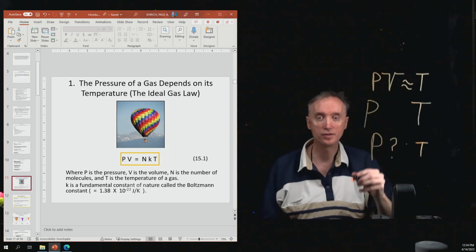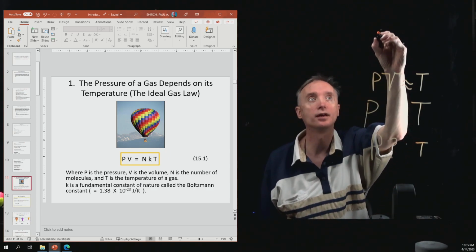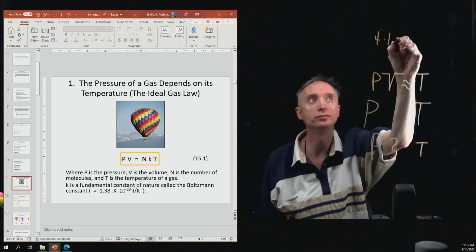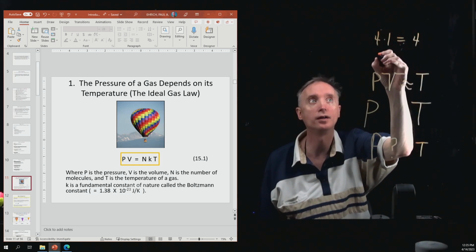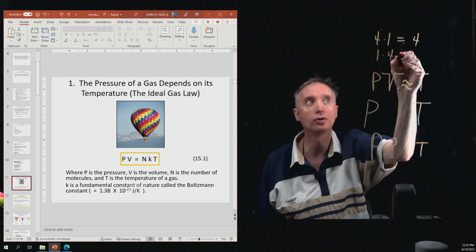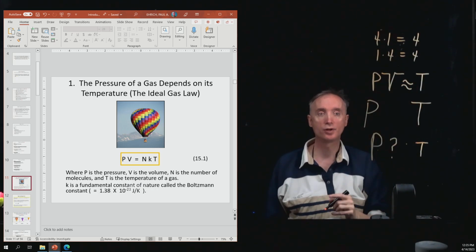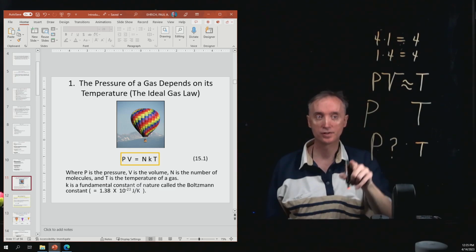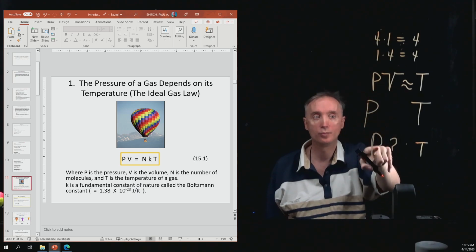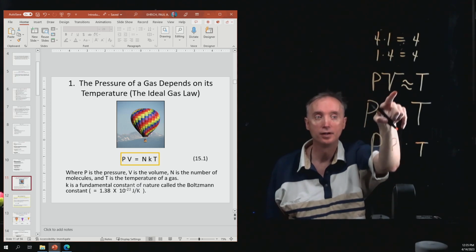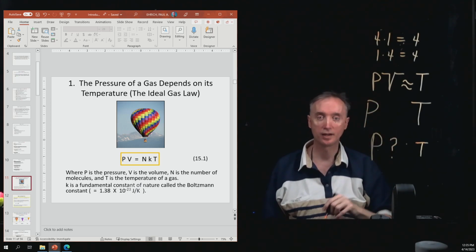Now in order to solve this one, you got to remember that 4 times 1 is equal to 4, but 1 times 4 is equal to 4. So notice that if one number gets big, the other number gets small in order to compensate. So this number got big, so this number has to get small. And again, we could even put numbers to it.